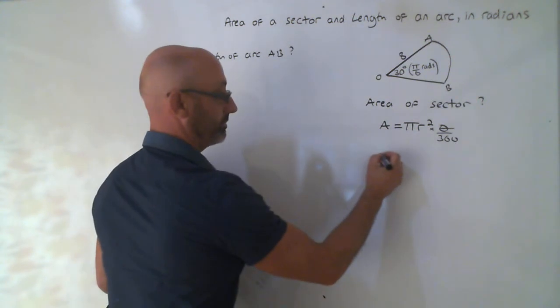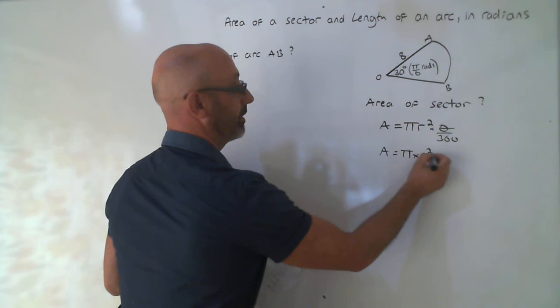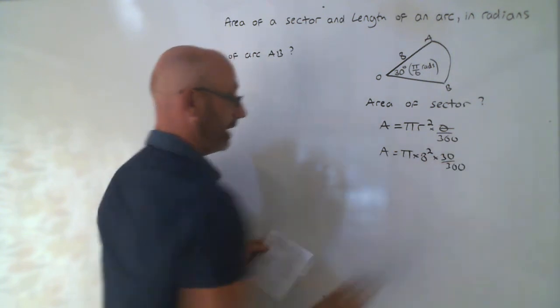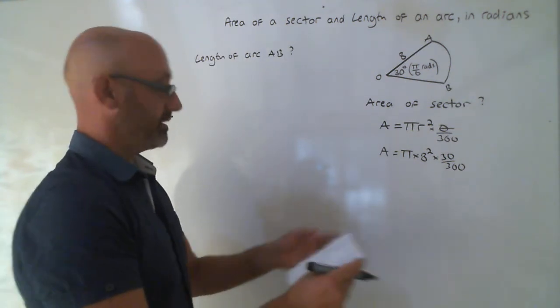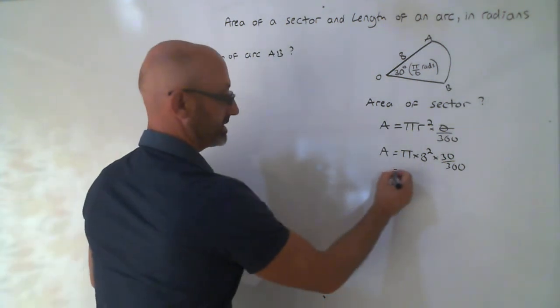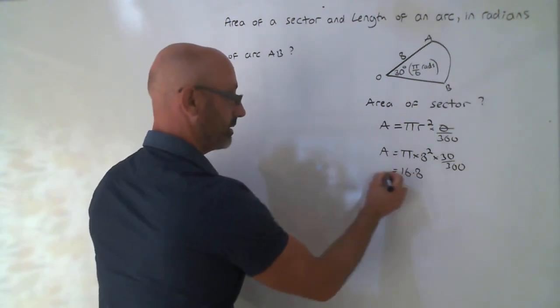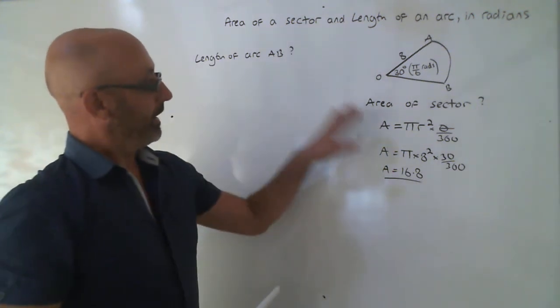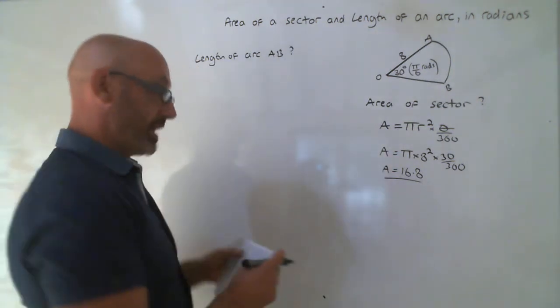Then we would kind of replace what we know, and we would come out with an answer of 16.8, I think it is. So higher level GCSE question. We need to be happy with and be able to use radians.